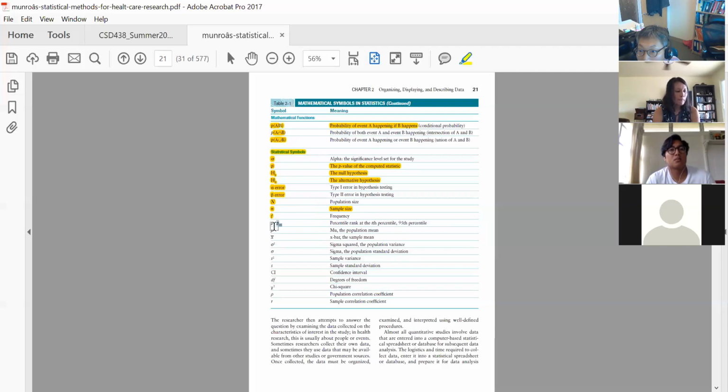Mean is the same as average. So sample mean and population mean, but sometimes we just mix the symbols. And sigma squared, we call it the population variance, and sigma itself is the standard deviation. And S squared is the sample variance. S is just the sample standard deviation, right?